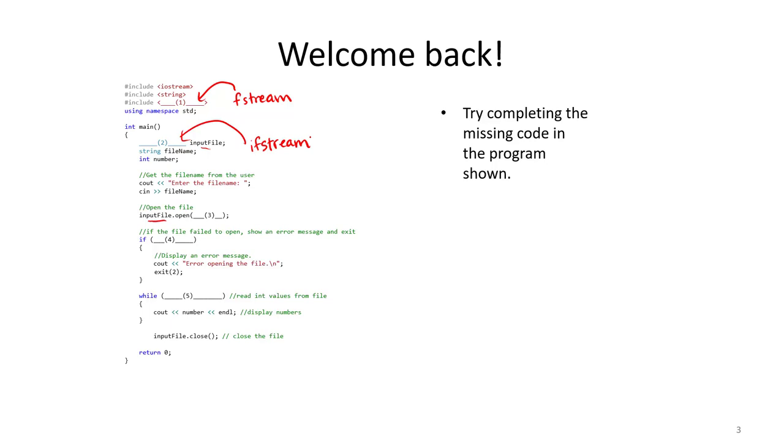Next, we move on to line 3, input file.open something. Well, here, notice we have just declared a variable named file name, which is a string. We've gotten it from the user. So here, we want to put input file.open file name inside the function open because we want to open the data file stored in file name and create that input file stream.